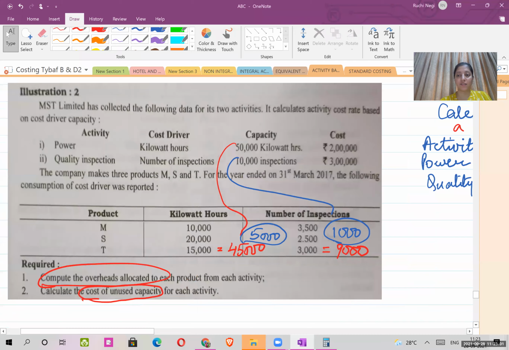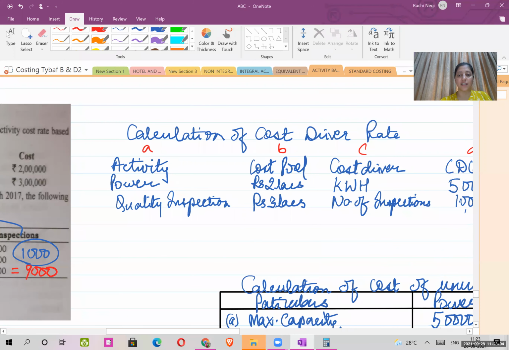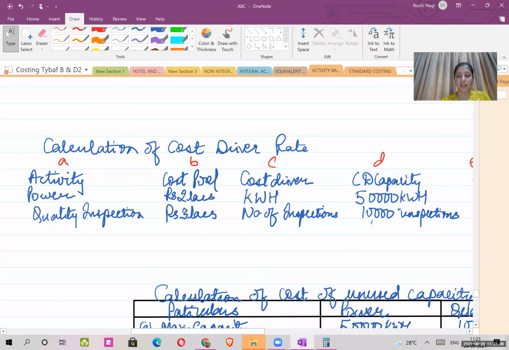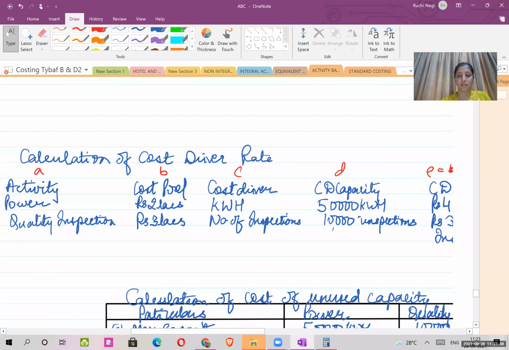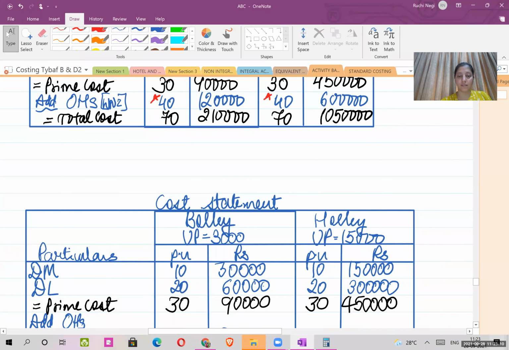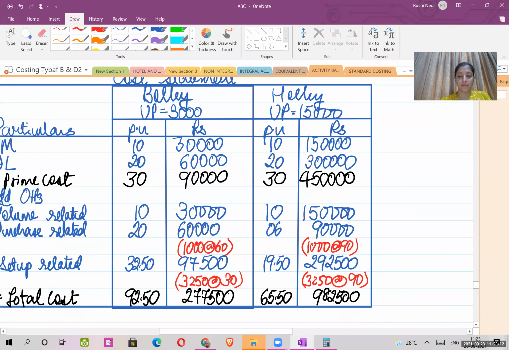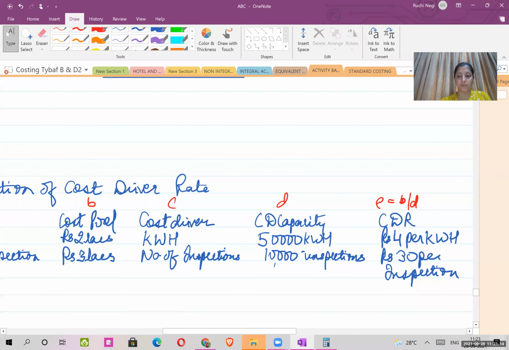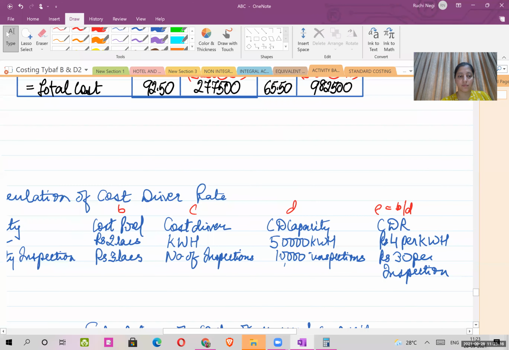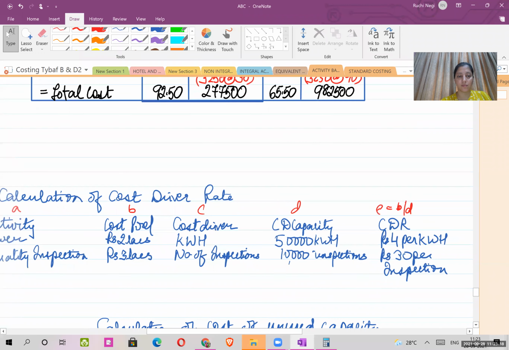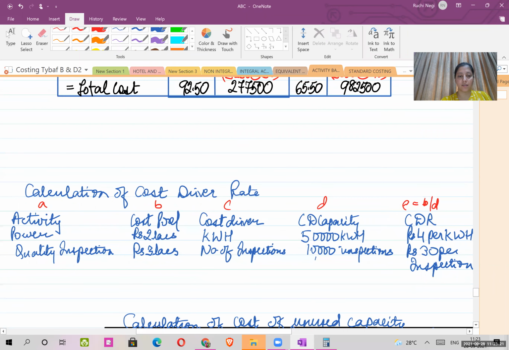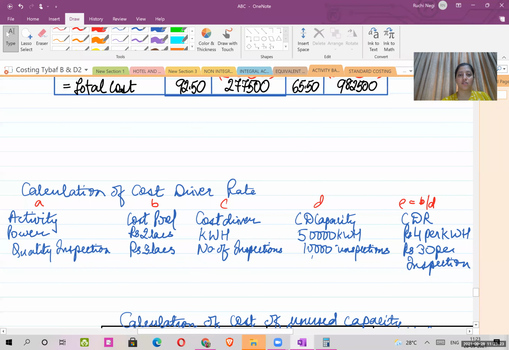So let us start with first, obviously, calculating the cost driver rate. Calculate this, yeah, the cost driver rate. Okay.